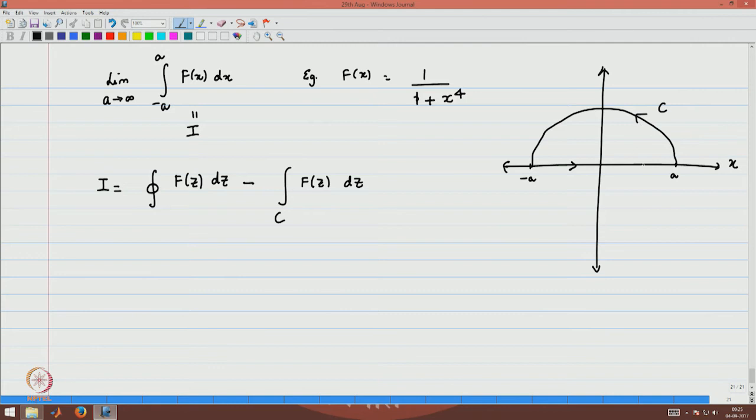Now let me call this entire contour C0. So, we will call this C0, which is the entire contour.